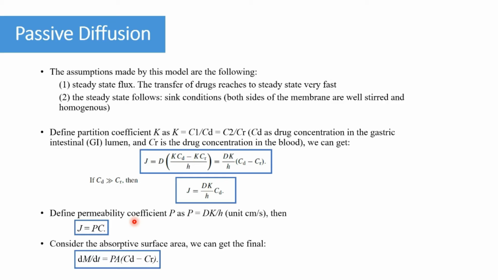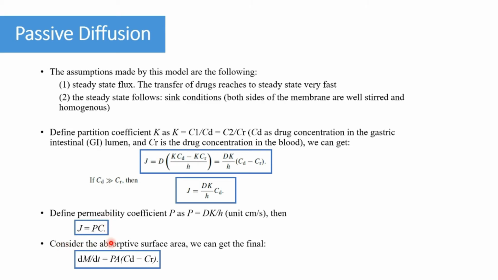Define the permeability coefficient, which we call P. P is the permeability coefficient. So P is DK divided by H, where D is the diffusivity, K is the partition coefficient, and H is the thickness of the membrane. Then J is equal to PC, permeability multiplied by the concentration of the drug.